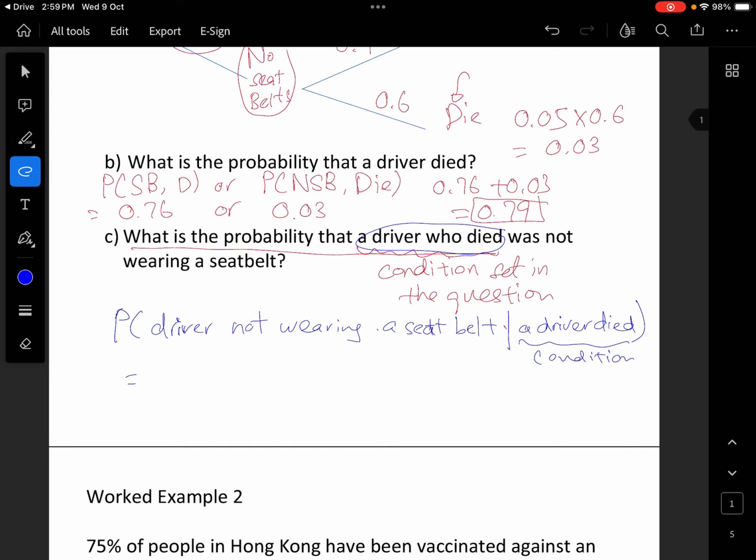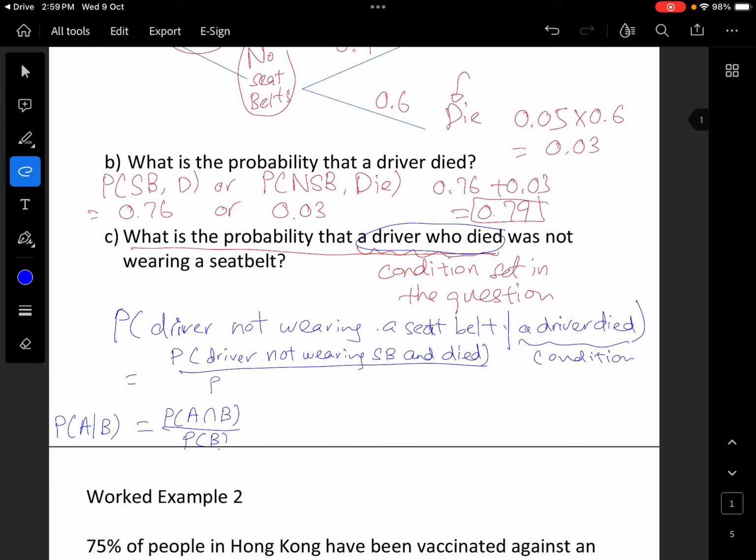Again, if we look at the formula, P(A given B) equals P(A intersect B) over P(B). So what I'm trying to find is the probability of the driver not wearing a seatbelt and dying, over the probability of a driver who died, because this is the condition here.